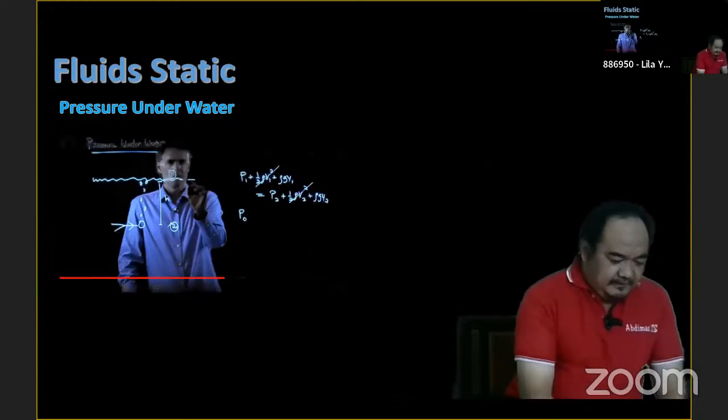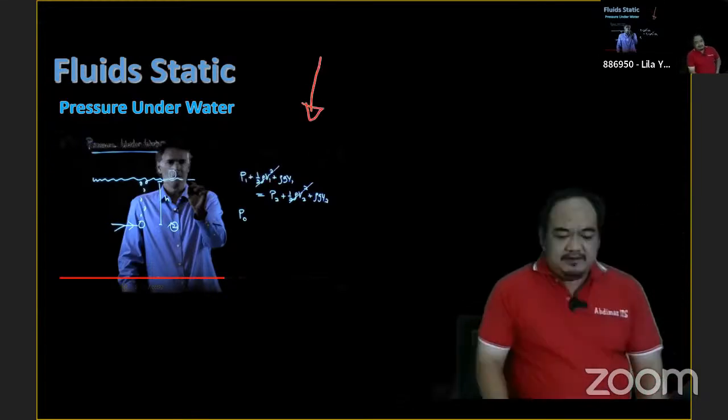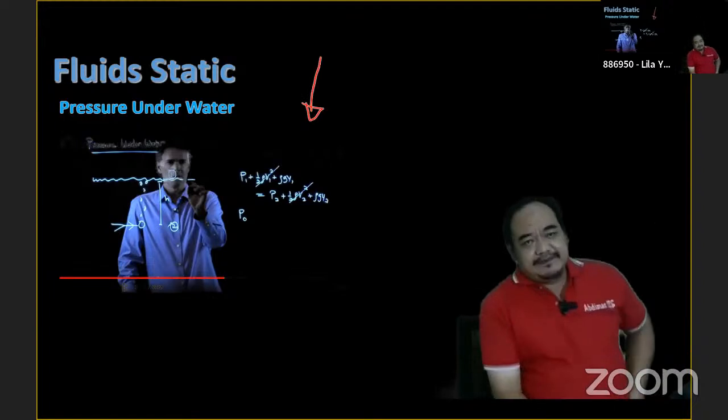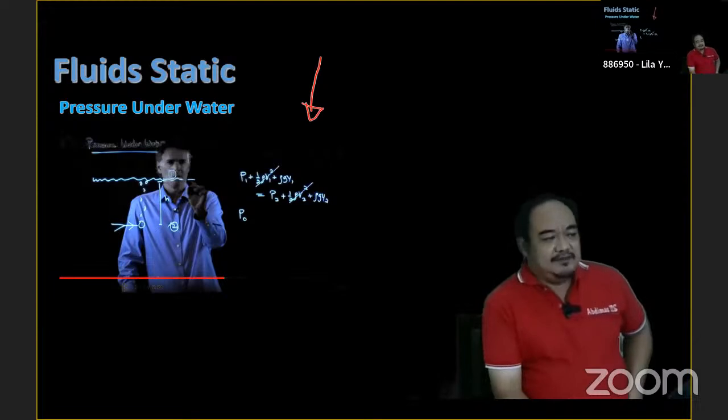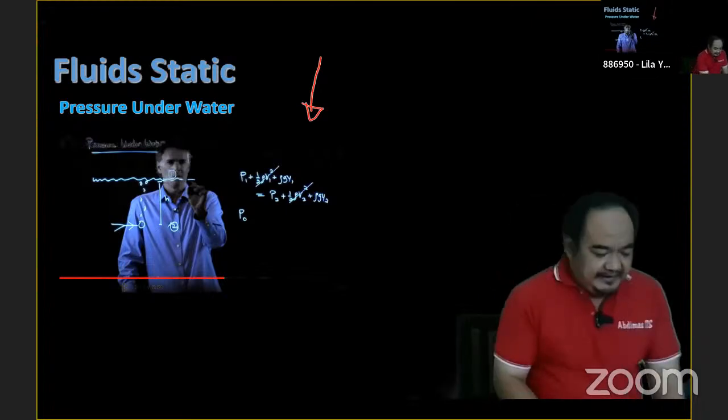Okay, you can see this equation, which is based on the Bernoulli equation. But instead of using the Bernoulli equation, I will explain how to derive the pressure underwater with this configuration.